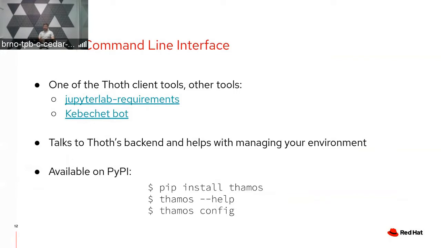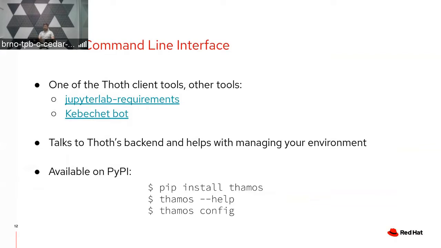There are also other client tools that are provided by the Thoth team. For example, the earlier mentioned JupyterLab Requirements that manages requirements in JupyterLab notebooks. But you can also set up Kebechet, a bot on GitHub that can manage your repository and dependencies that are stated in the application that is hosted in a Git repository.